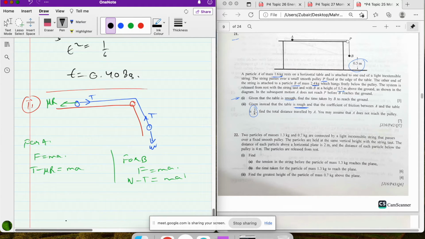Now let us fill in the values. Tension minus mu, which is 3 by 8, times R, the normal contact force, which is 1.6 kg times 10, making it 16 newtons, equals 1.6a. On the other side, weight is 24 minus the unknown tension equals 2.4a.